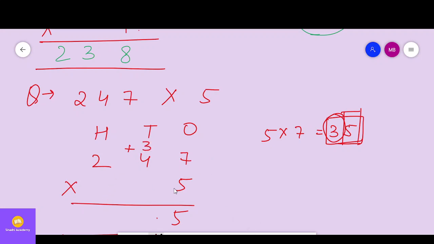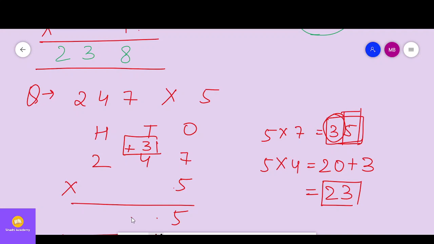Then we have to do 5 fours are 20 and we have to add this 3 as carry. So we will get 23. Again we got 2 digits. We cannot write 2 digits here. We will write 3 here and 2 we will again carry.